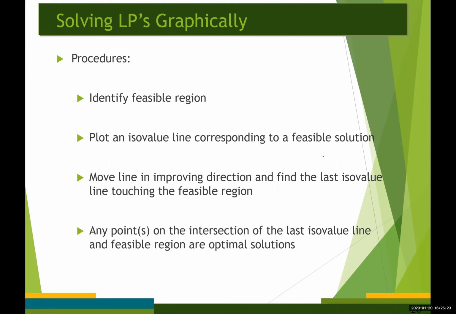And you need to identify the last isovalue line intersecting the feasible region, okay? And any point on the intersection of the last isovalue line and the feasible region is an optimal solution, okay?